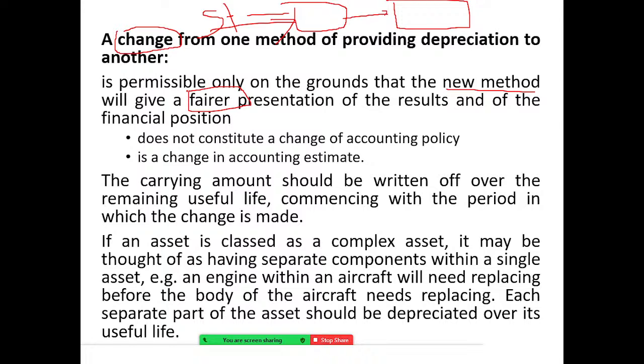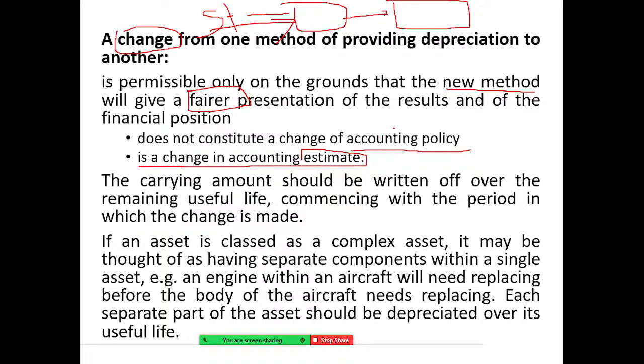So the only acceptable justification for the change of method is that management argue that the new method will give a fair presentation about the depreciation. So this change does not constitute a change of accounting policy. It is not considered a change in accounting policy, but it's a change in accounting estimate.